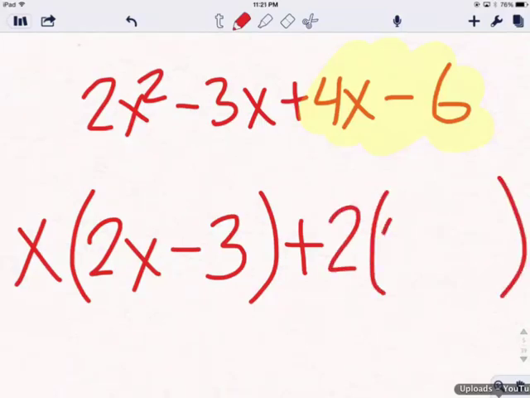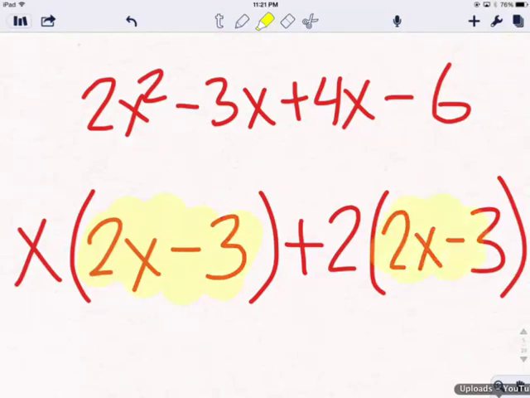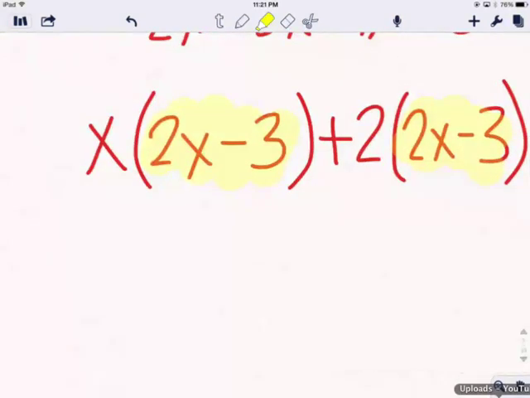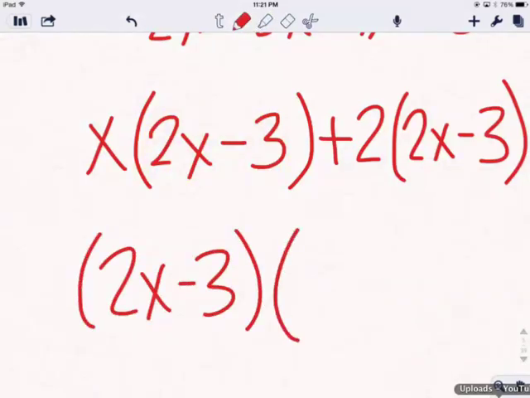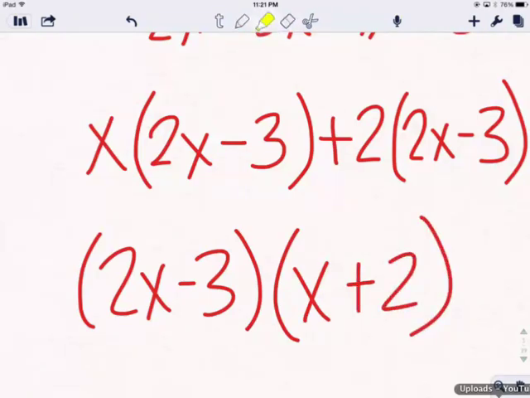And when we factor that out, we're left with 2x minus 3 again. Perfect. That's exactly what we want. 2x minus 3, 2x minus 3. This is a common binomial, so we factor that out. 2x minus 3 times x plus 2. And voila! This right here is our factored form for the bottom of the fraction.